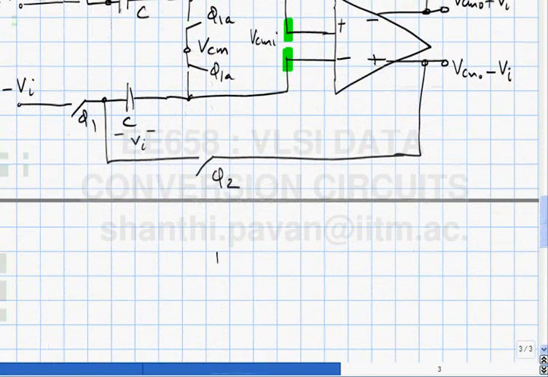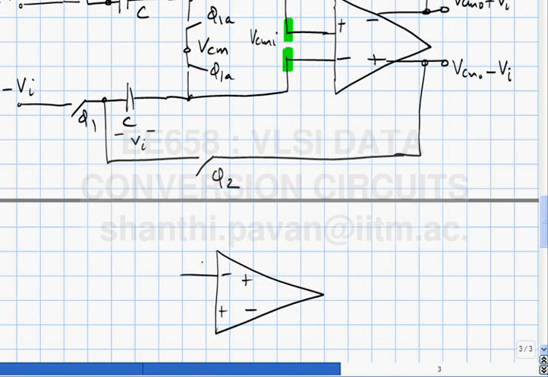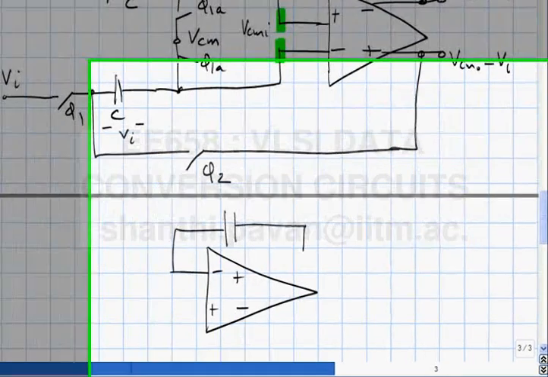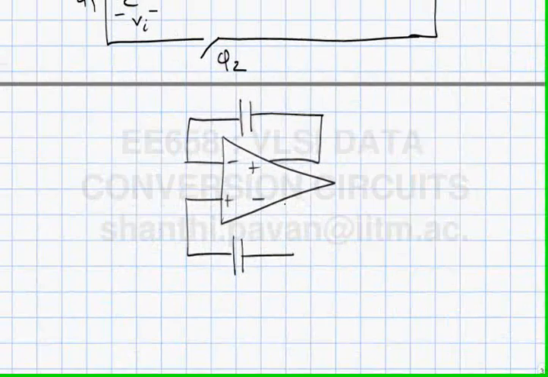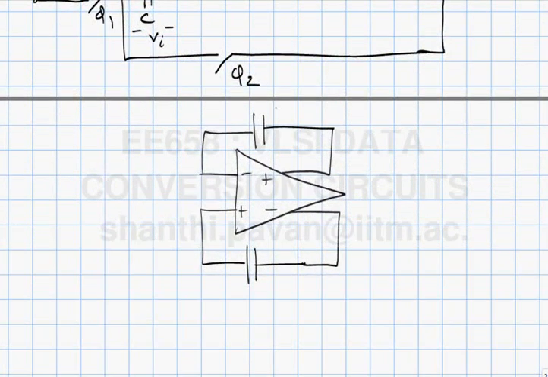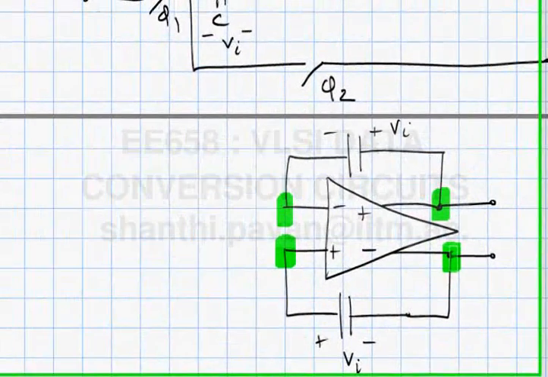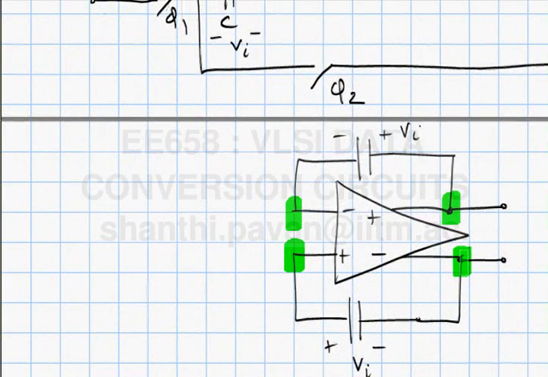So, what do you think VCMI will be? Look here, during phi 2, this is what happens. This voltage is VI, this voltage is VI, okay. The difference between these two nodes is 0. So, the difference between these two nodes must be, that number happens to be 2 VI, okay.